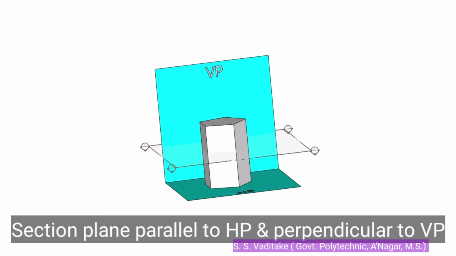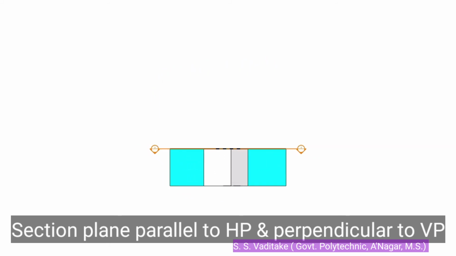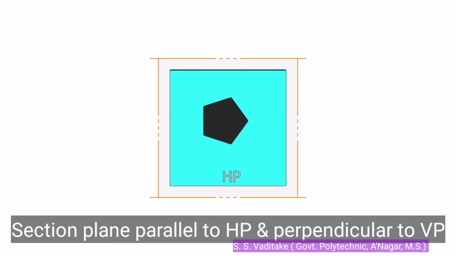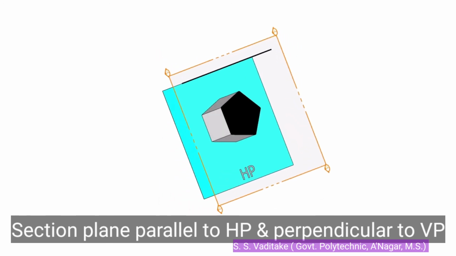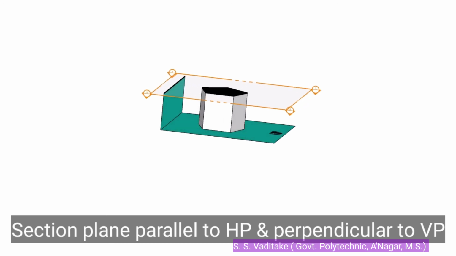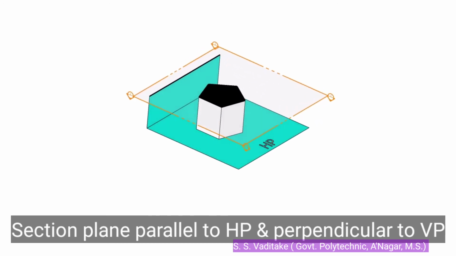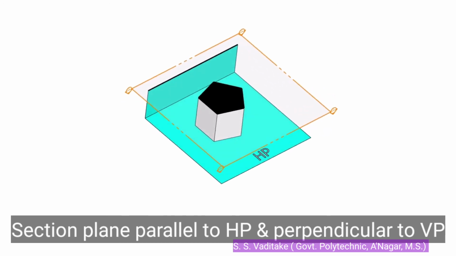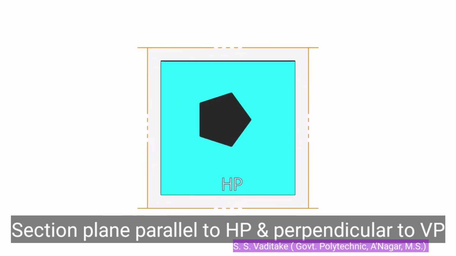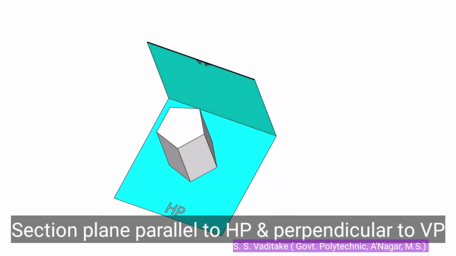As the cutting plane is parallel to HP, it can be represented as a line view in front view only. Then its top view appears like this one. It also indicates its true shape because it is parallel to HP. As the section plane is parallel to HP, its true shape will be directly observed in the sectional top view.